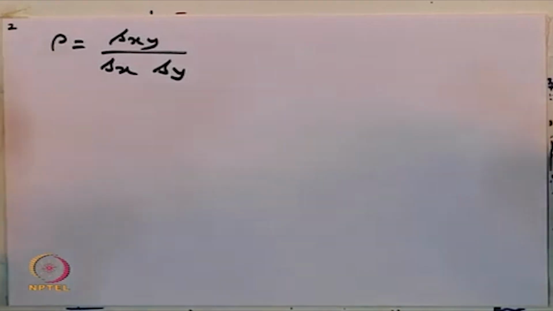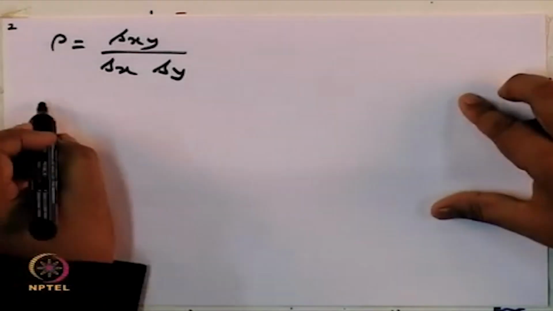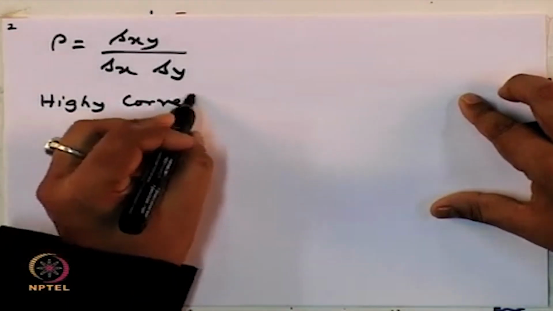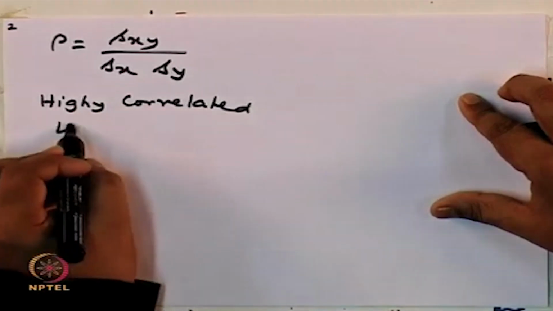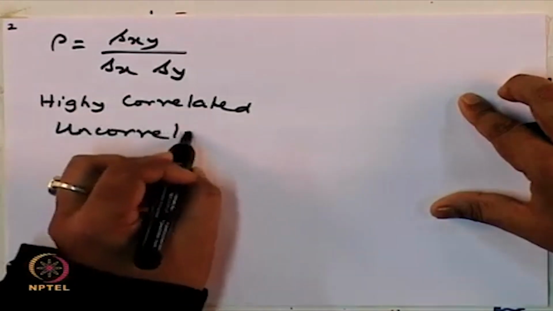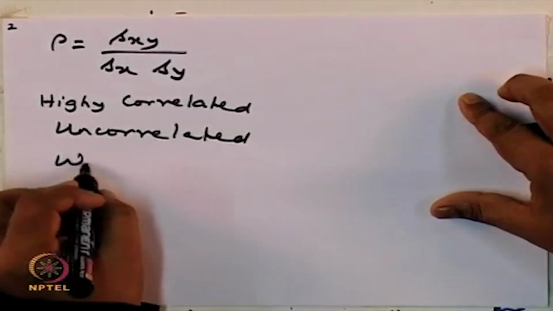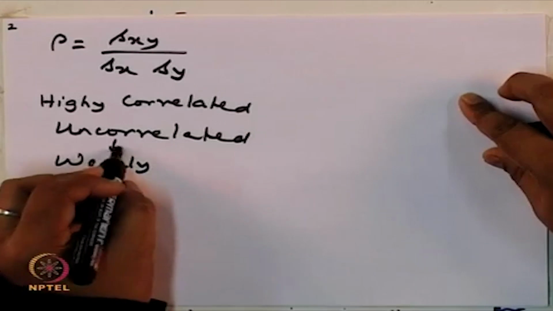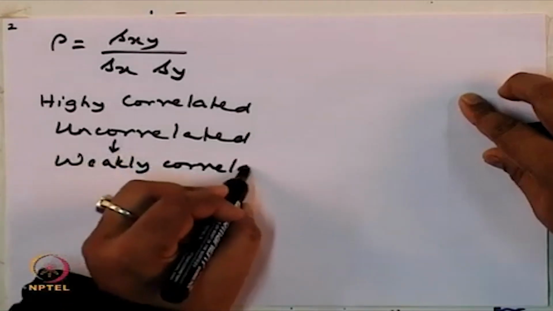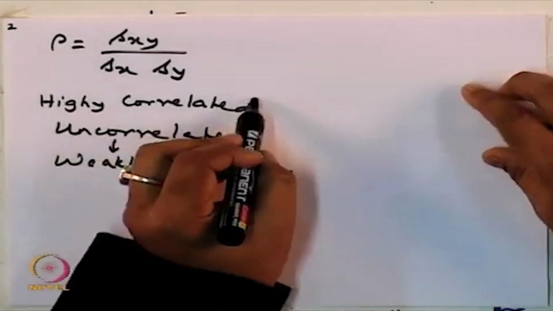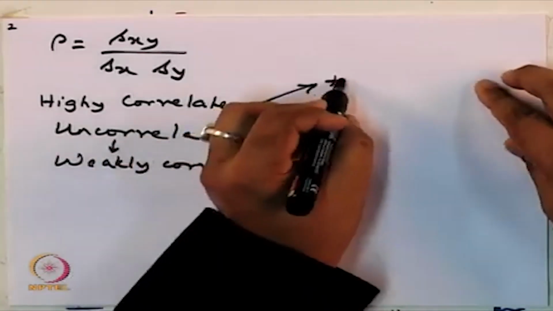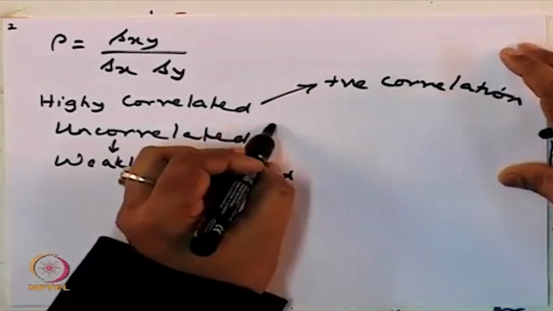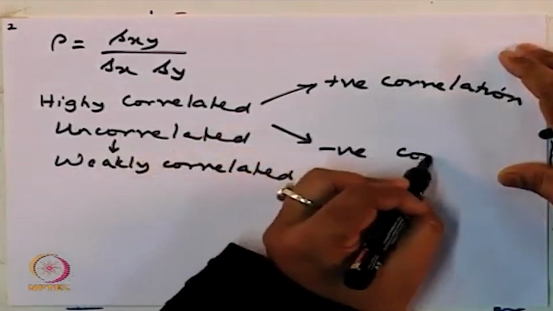So, what should ideally be the values of rho? You can say something is highly correlated, or uncorrelated, or weakly correlated. And within highly correlated you can have positive correlation or negative correlation.